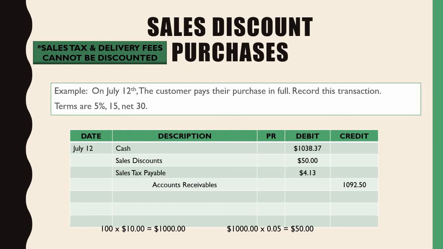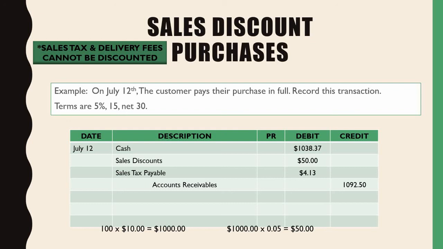And because we had to take away our sales tax, which is $4.13, okay? Already right here, we know that this is going to be taking off of our total amount that person owes us, because they received a discount from us, right?